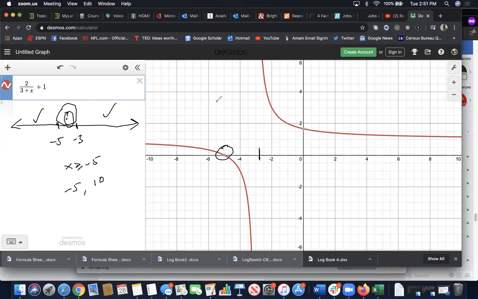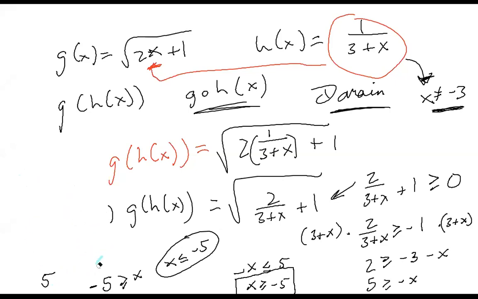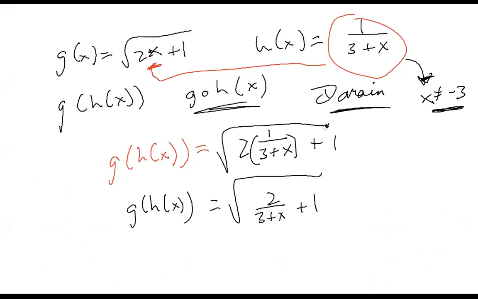But the domain of that function, let's go back to the whiteboard here. We've got our function, and we came up with 2 intervals: from -infinity up to -5, including -5, because that is the input that gives us 0, and the square root of 0 is 0, so that's fine.